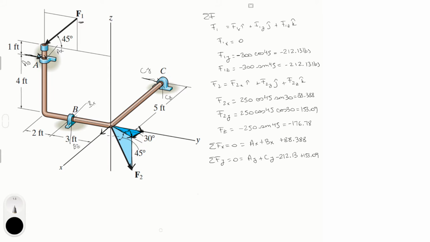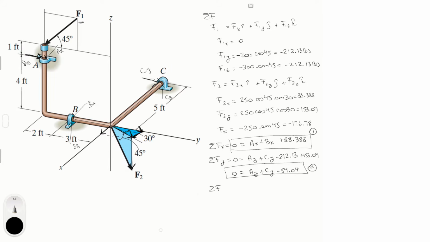Perfect. Let's get these two together, and let's say that 0 is equal to AY plus CY minus 59.04. We have another equation here, and we have an equation here. I'm going to label this equation 1 and label this equation 2 for all the math magic that we're going to do later, so we know what equations I'm referencing.